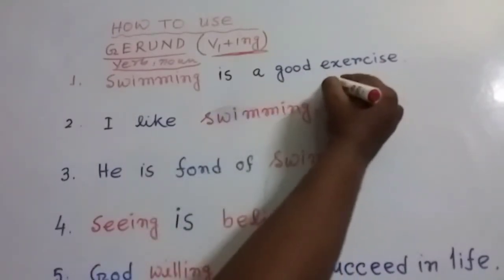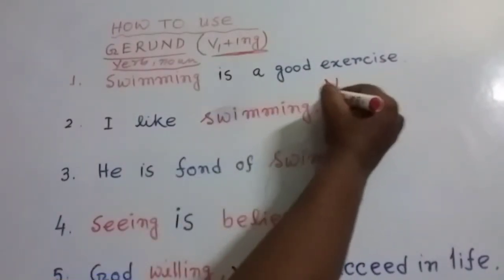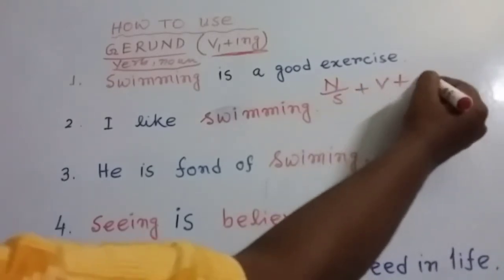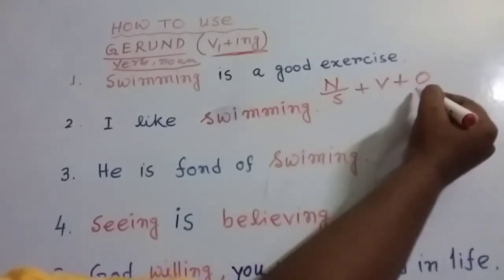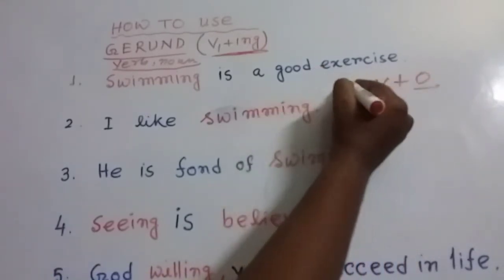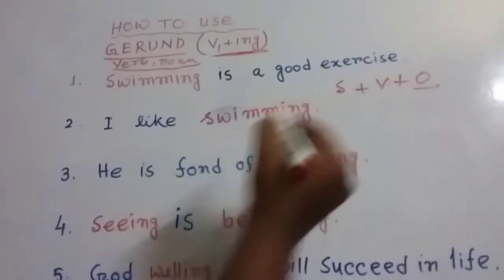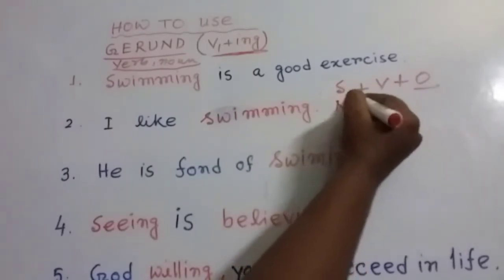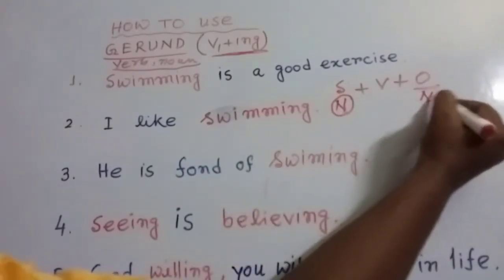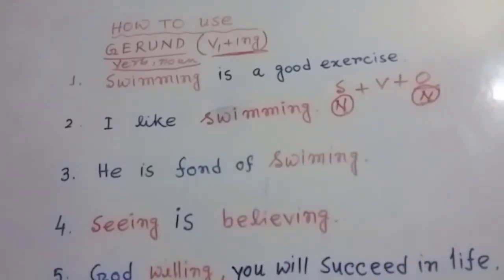We use a noun as the subject, then the verb, then the object. This is the basic structure of the English language, and we use the noun as a subject, and also we can use the noun as an object.